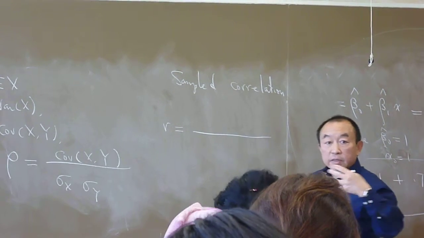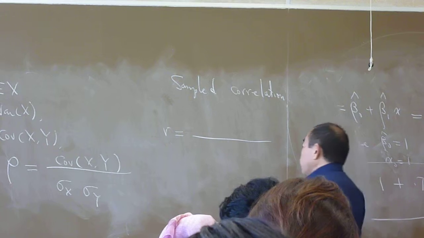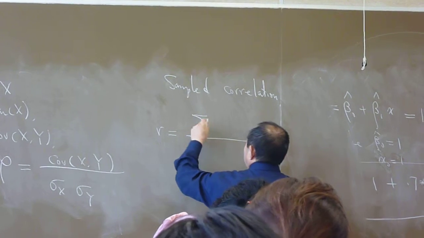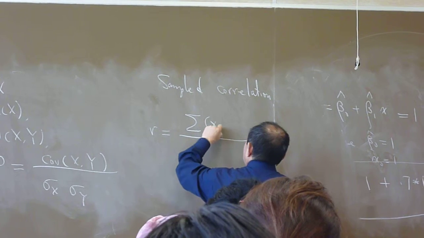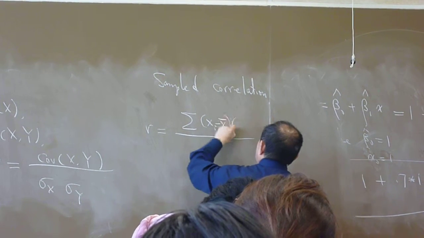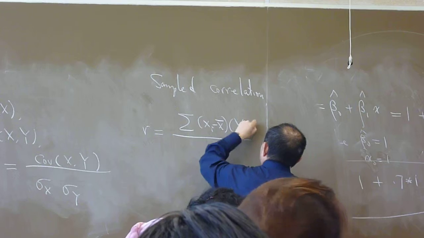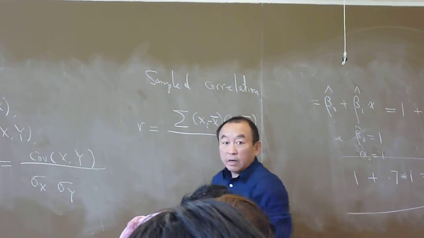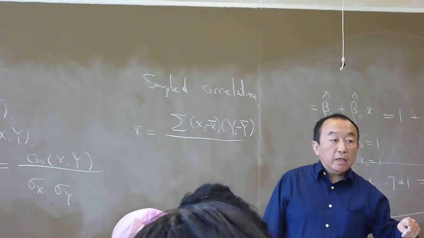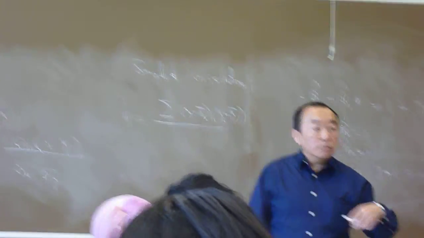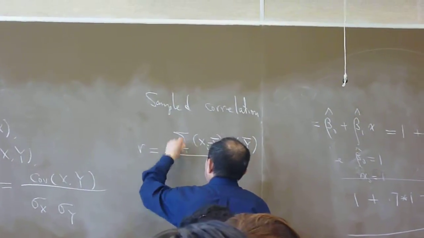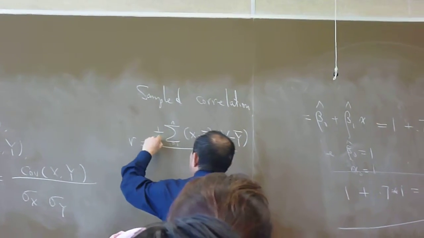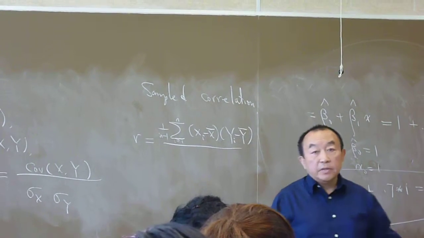On the top is the sample covariance. For the sample covariance, you have the sum of xi minus x bar times yi minus y bar, and you need to divide by n minus 1 to make it unbiased, right?